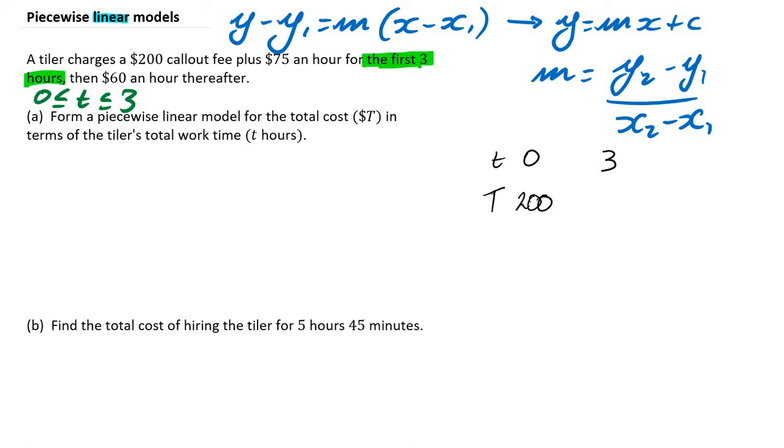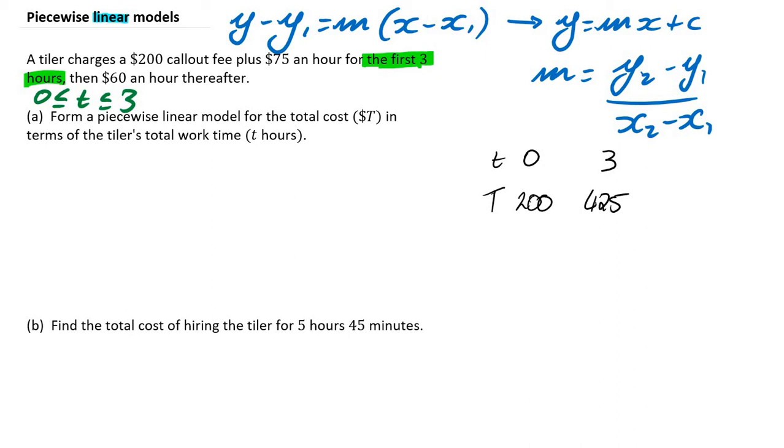So after 3 hours, we will have been charged $200 just for the tiler turning up, plus $75 an hour for 3 hours. $75 times 3, that's $225, so that's $425.